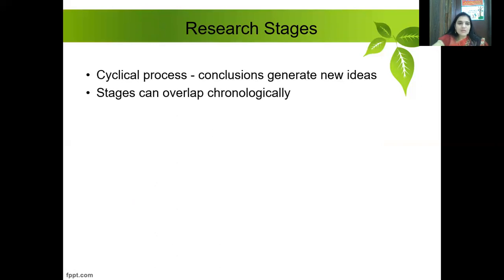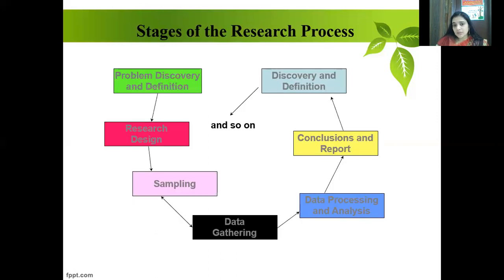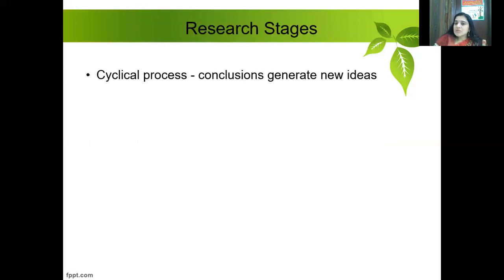Research stages basically are cyclical in process. Conclusions generate new ideas. Like we just looked at, when you are at the last step, that is actually the first step of the next problem, the next research process. So this is actually cyclical in process. Then stages can overlap chronologically. Sometimes you are analyzing some data and then gathering some information again.